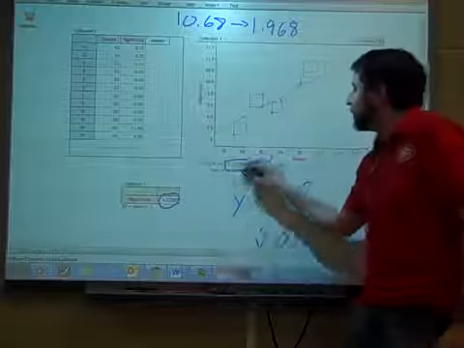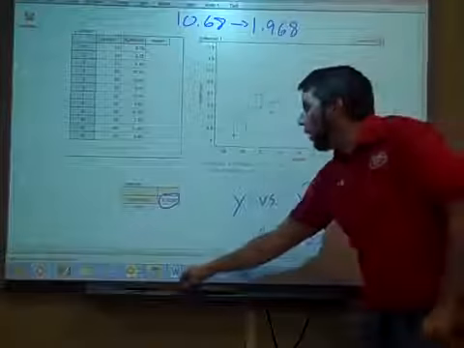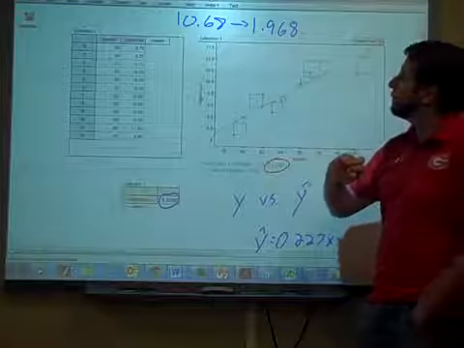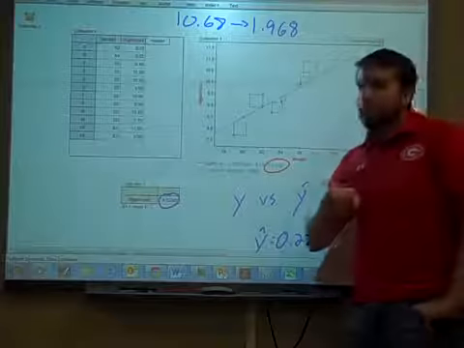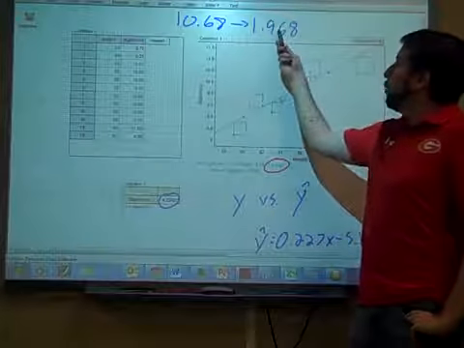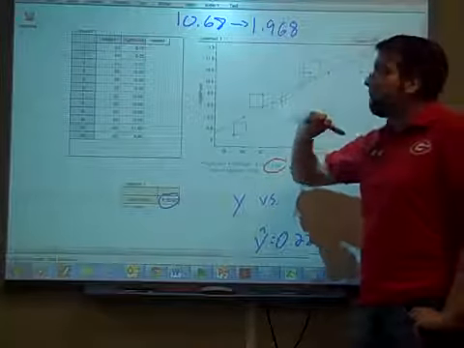Now you also notice with this readout, it gives r squared right here. R squared is 0.82. Let me show you where that comes from. So I went from 10.68 to 1.968, right?